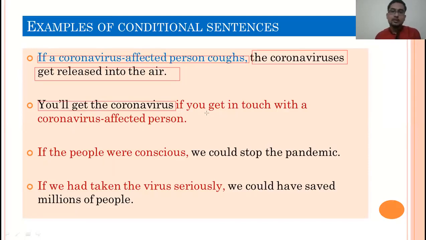One thing should be noted: if the subordinate clause or the if clause comes at the very beginning, you have to put a comma here. But if the main clause comes at the very beginning, you do not require to put a comma. So this is very important to note. Let us go to the next slide.